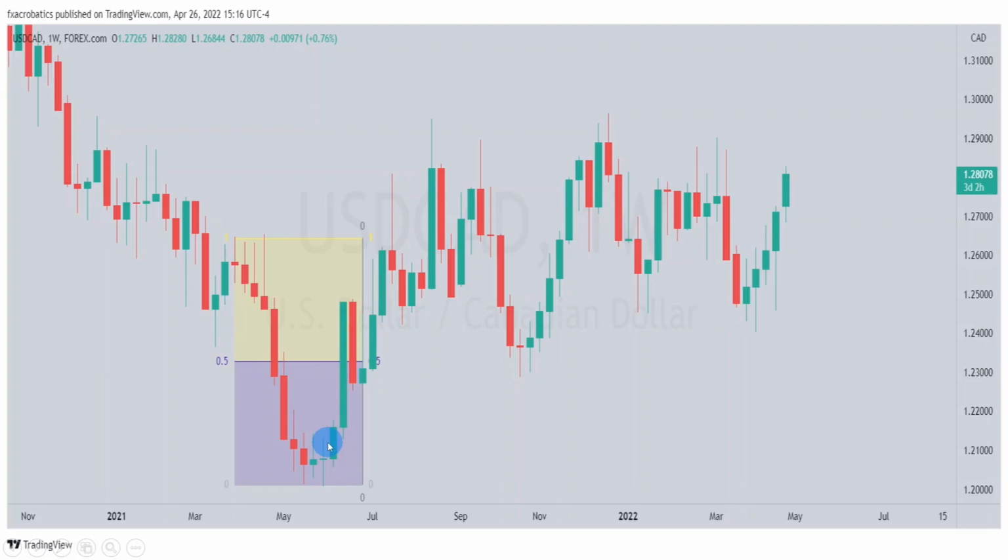I hope you understand what I just said. As the price is oversold here, you don't need an indicator like Williams %R or the RSI to know that price is overbought or oversold. You just need to know the dealing range, the last swing high and the last swing low.